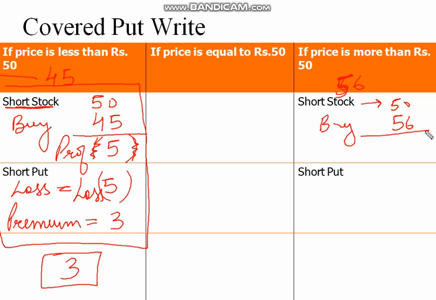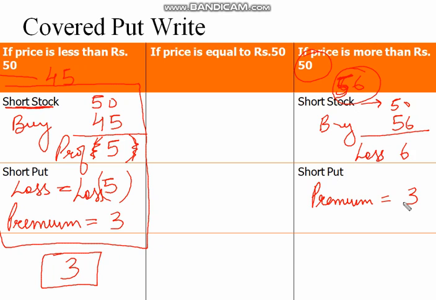So you are selling at 50, buying at 56, so a loss of rupees 6, right? On the short put position, the option goes unexercised. Why? Because the spot price is greater than your exercise price and this is not exercised by the holder, and you enjoy the amount of premium. So that amount of premium is 3.